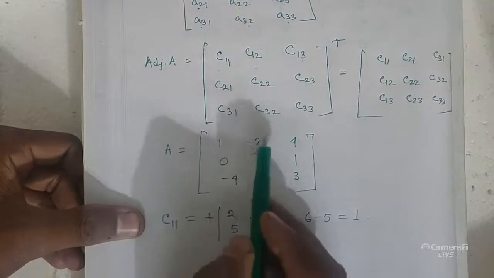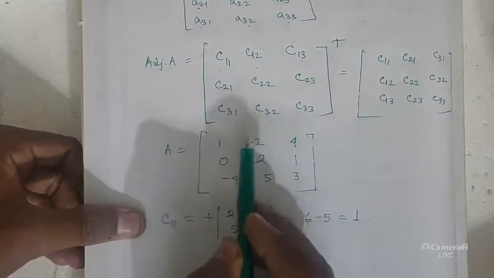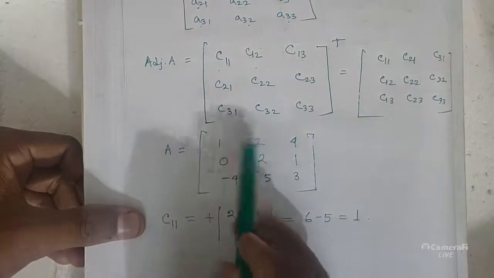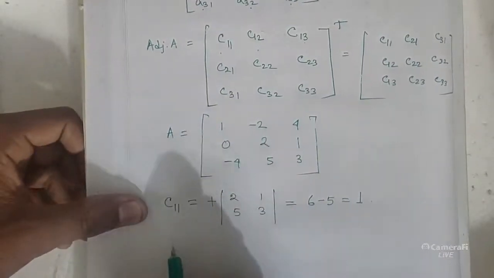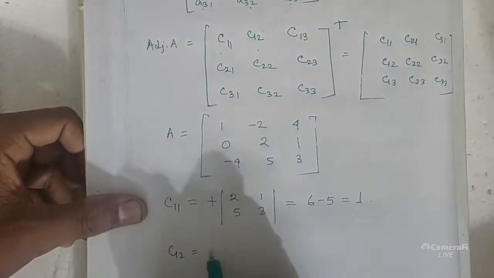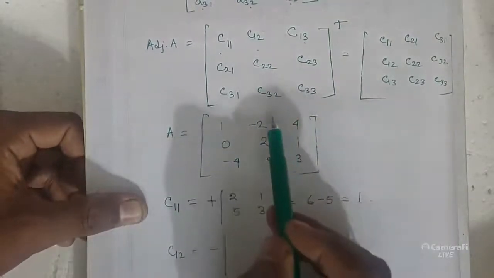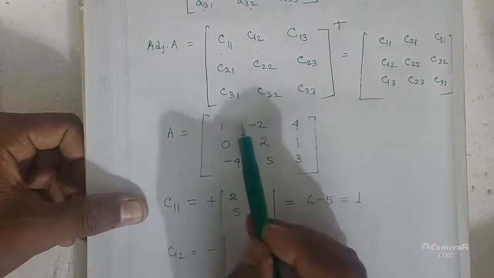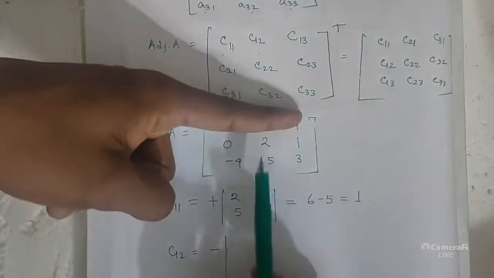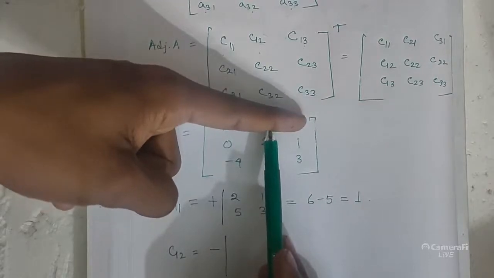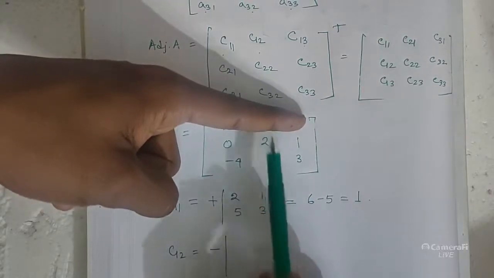Next element, -2. What is the sign of this -2? We know that the sign of this element is minus. So C12 equals minus. This element we are finding, so first row, second column deleted, what is left? 0, 1, -4, 3.